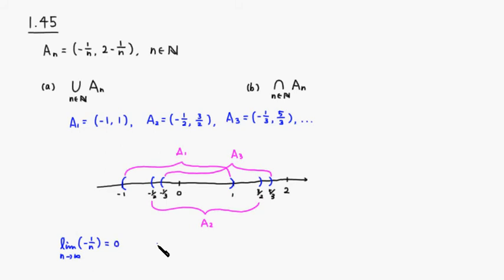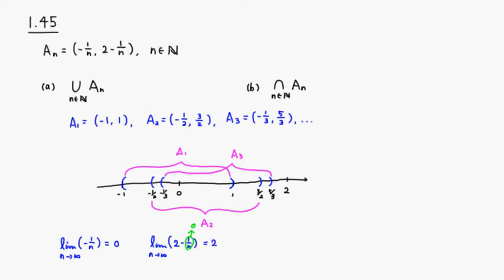For the right endpoint, the limit of 2 minus 1 over n as n approaches infinity: 1 over n approaches 0, so it's approaching 2 minus 0, which is 2.